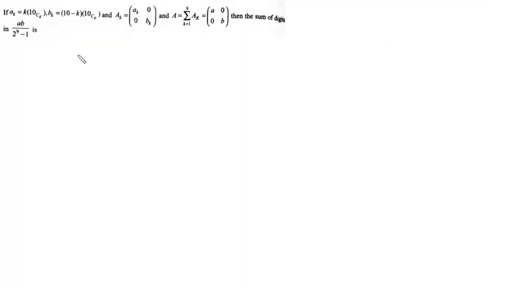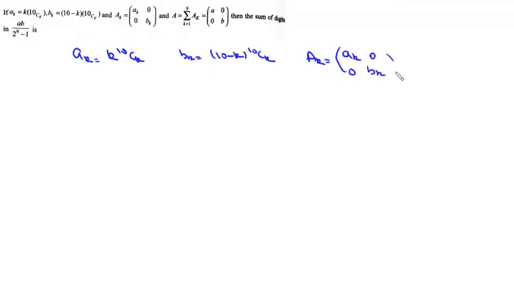Now the question is, if AK is K into 10CK and BK is 10 minus K into 10CK, and this matrix AK is AK, 0 and 0, BK, we need to find this summation AK.